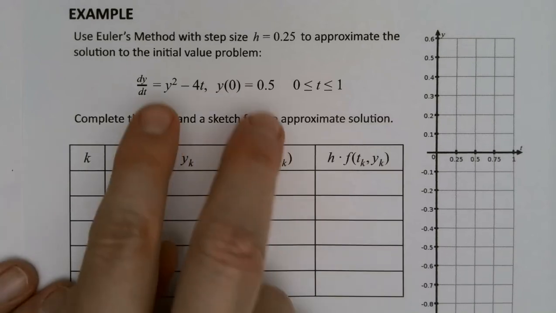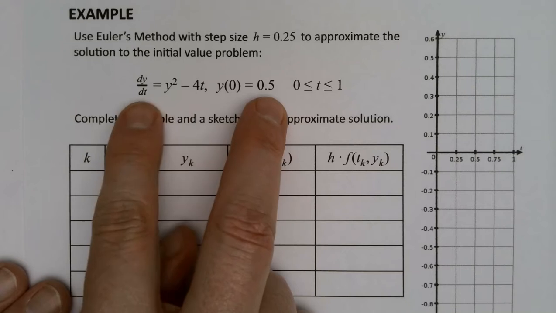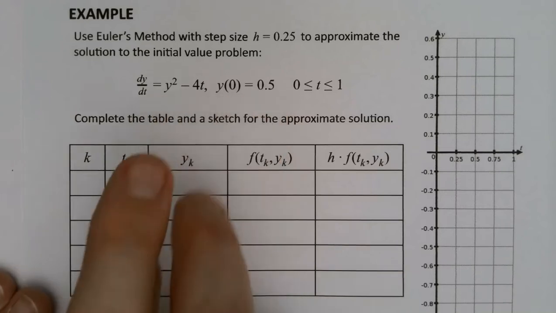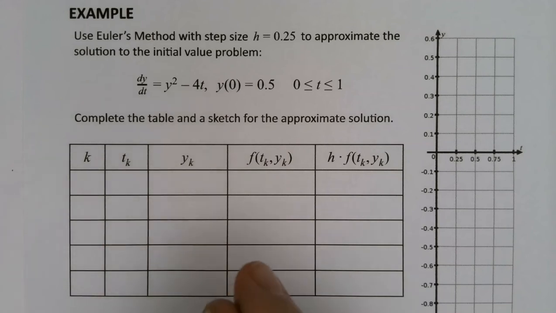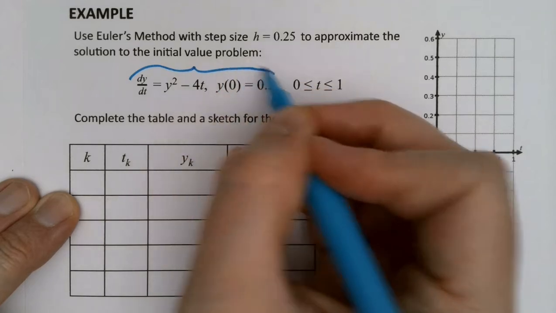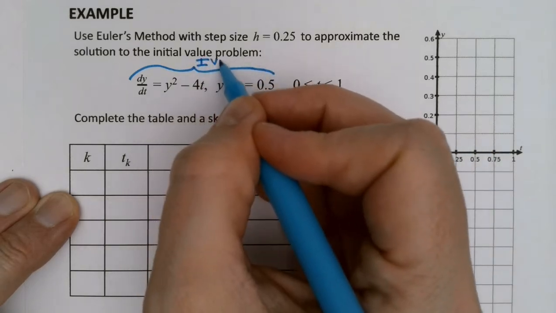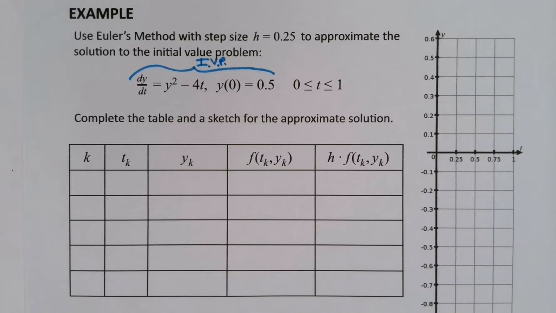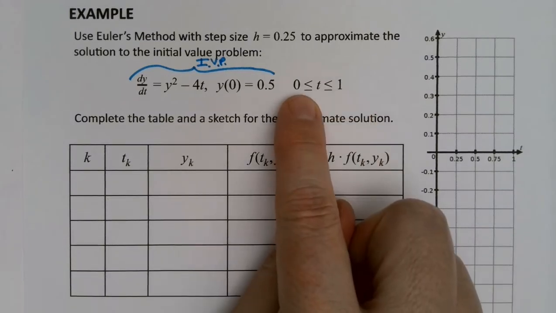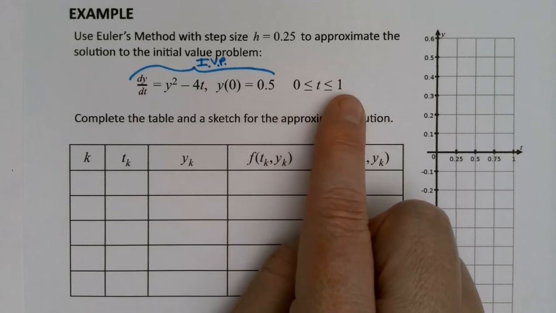We're given an initial value problem in the form of a differential equation and an initial condition. So that's important to know, right? So there's our initial value problem collectively. The other piece of information that we're given is that t, the input variable, the independent variable, is going to go from 0 to 1.